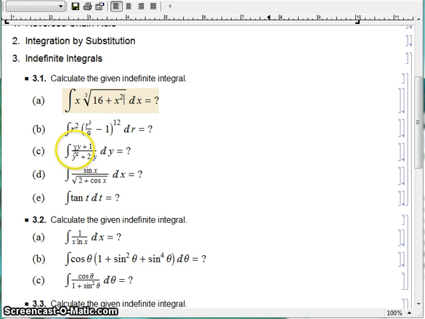Some other examples, another chain rule here. We have parentheses. That's going to be substituted into something. How about part C? The denominator is a very good example of the inside of a composite function because it's a reciprocal function. Here's another typical example. Inside this radical, we have something.